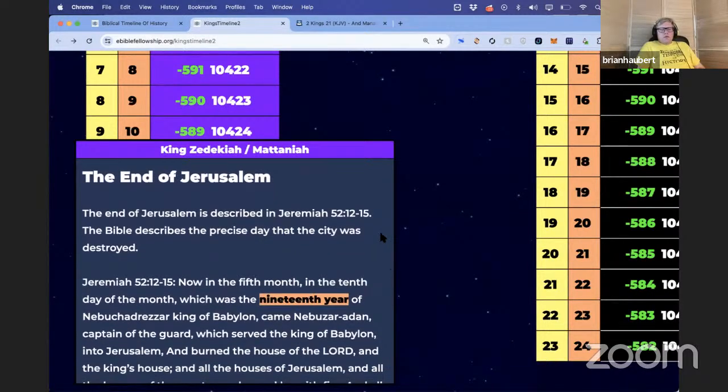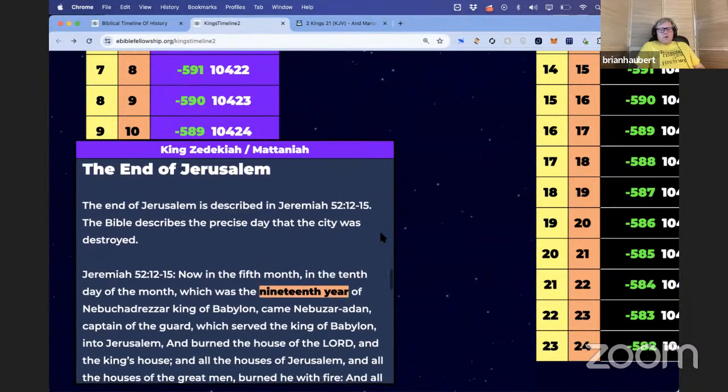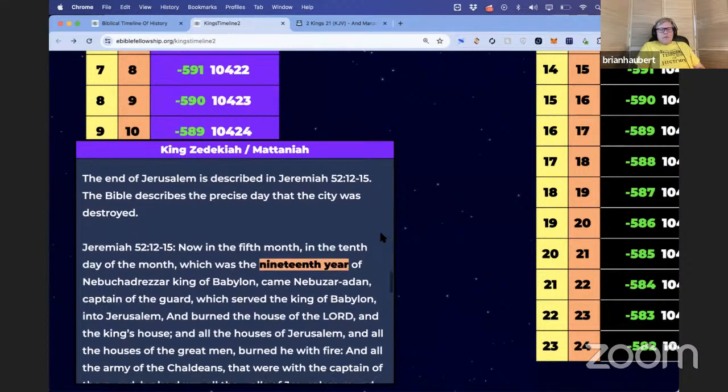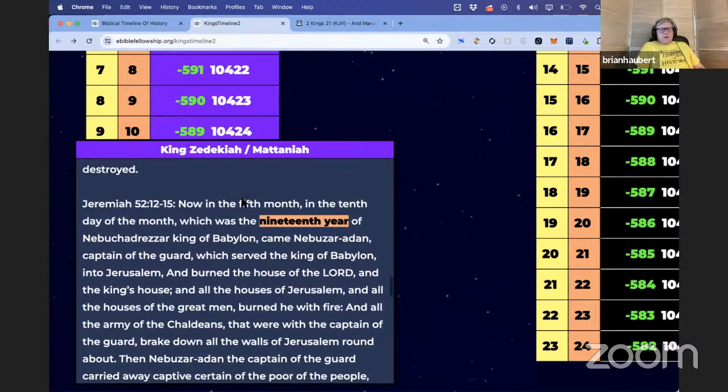The end of Jerusalem is described in Jeremiah 52, verses 12 to 15. The Bible describes the precise day the city was destroyed.